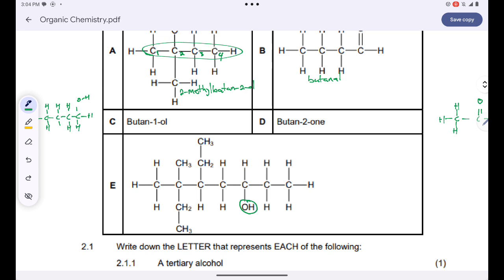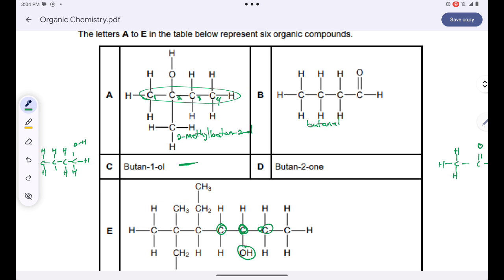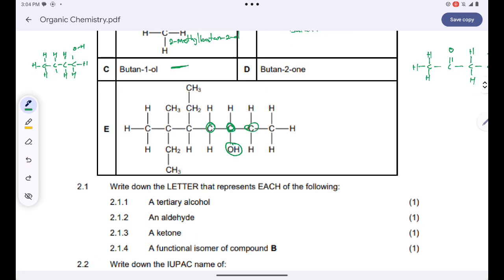It's a secondary alcohol, because the carbon which is bonded with the functional group is bonded to two other carbons. Are you together? A primary alcohol has the carbon bonded with the functional group bonded with only one carbon. Compound A was a tertiary alcohol because the carbon bonded with the functional group is bonded with three other carbons. So we are dealing with the secondary alcohol in compound E.